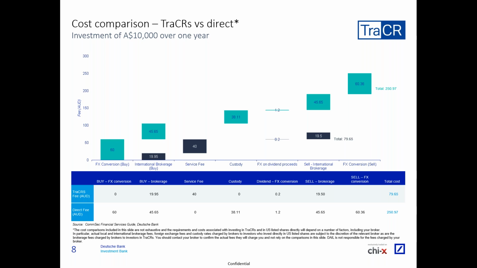And then we have our service fee, which is taken from the dividend. Now, the service fee is calculated at 10 basis points on the value of the underlying share. So put simply, a $10,000 investment at 10 basis points equals $10. That's your service fee.